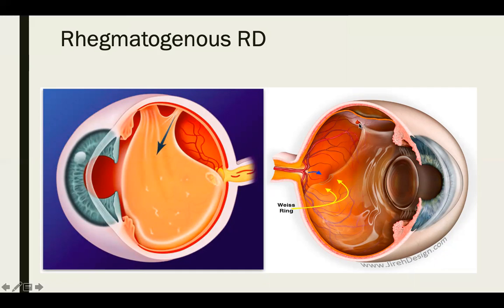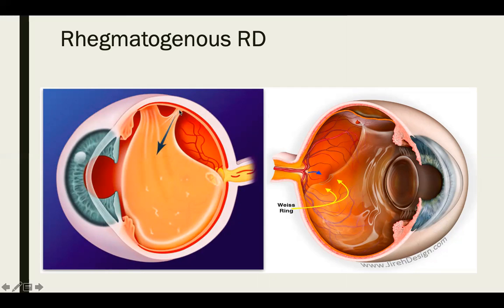And usually in these areas of the retina, there is some sort of degeneration. I mentioned in the last lecture that these degenerations are actually the weak points of the retina, and the vitreous is strongly attached with this area. So during PVD, posterior vitreous detachment, it pulls the retina and forms a break in the retina, and when the break is formed, the fluid then has a communication with the subretinal space, leading to the retinal detachment.